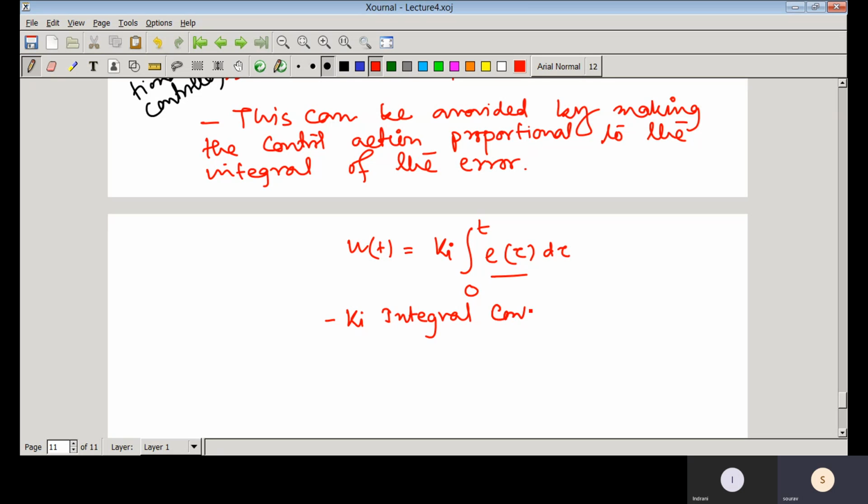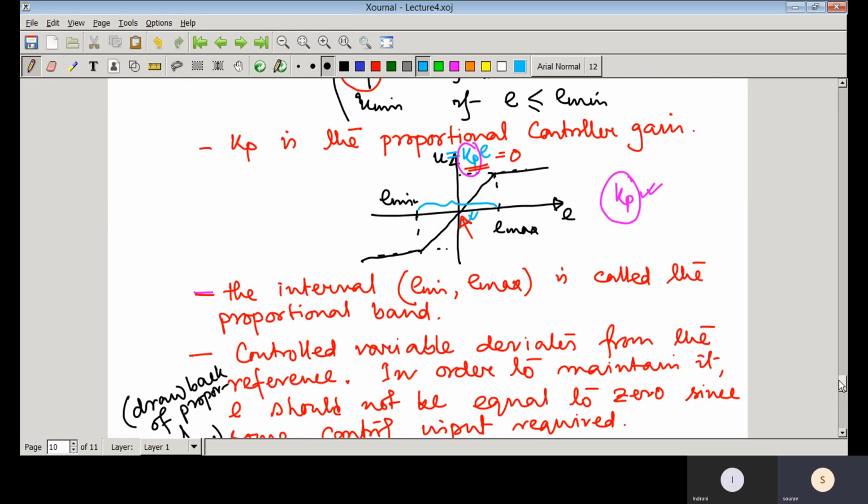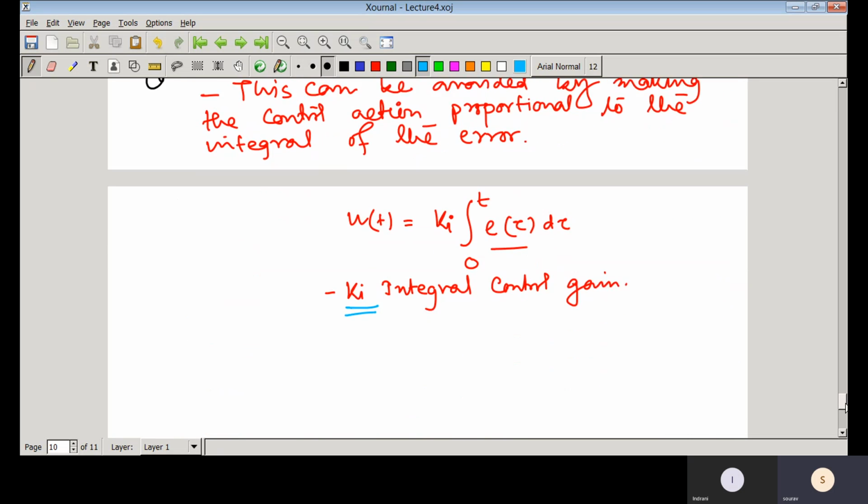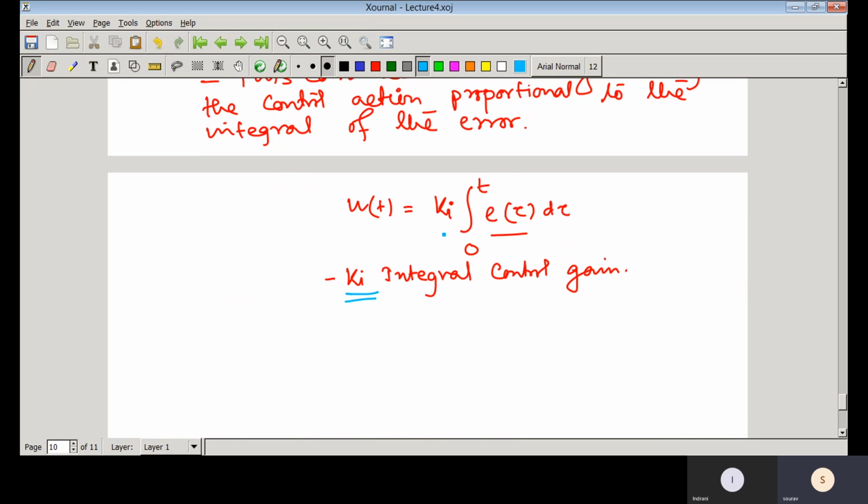As a control systems engineer, your job is to design the integral control gain. In case of the proportional controller, your job was to design the proportional control gain. In case of the integral controller, your job is to design this integral control gain.